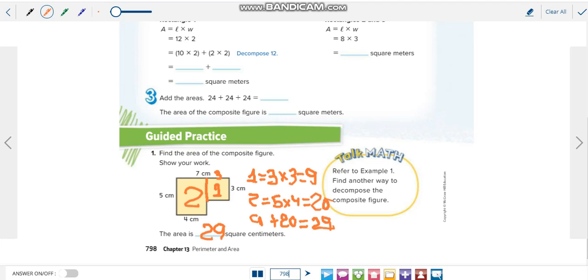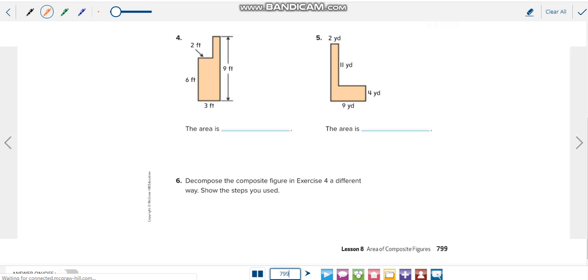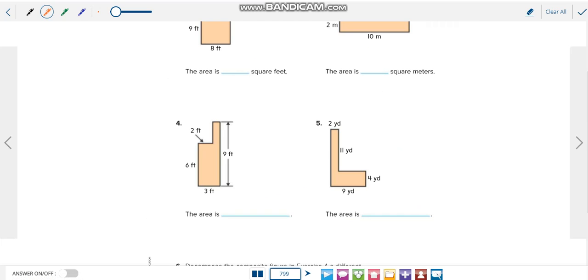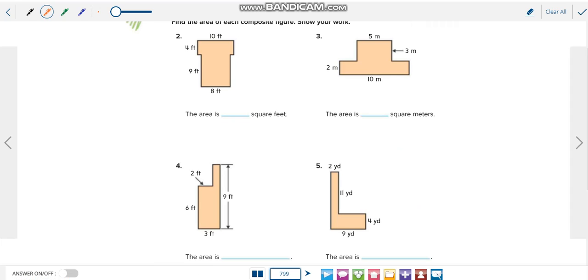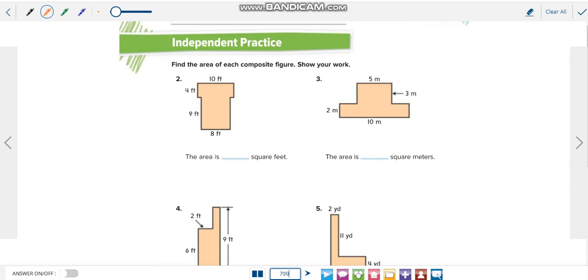Great. Now is your opportunity to show me that you got it. So now you guys are going to be working on page 799. Remember to look for rectangles or squares to find the area of the composite figure.